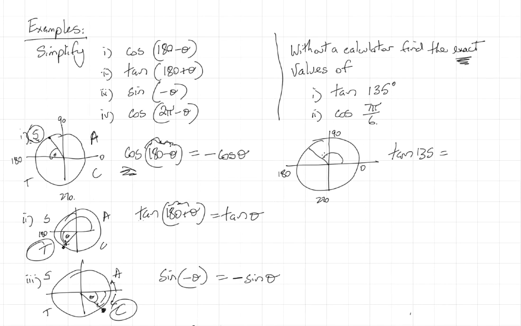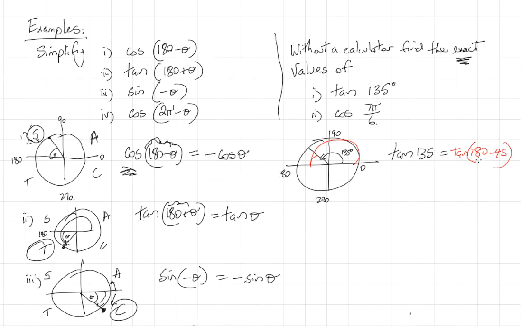So to get to 135, which is that angle there, we've got to go all the way to this one. So it'll be the tan of 180, and then we come back. So how far have we got to come back to get to 135? 180 minus, going back 45 degrees.